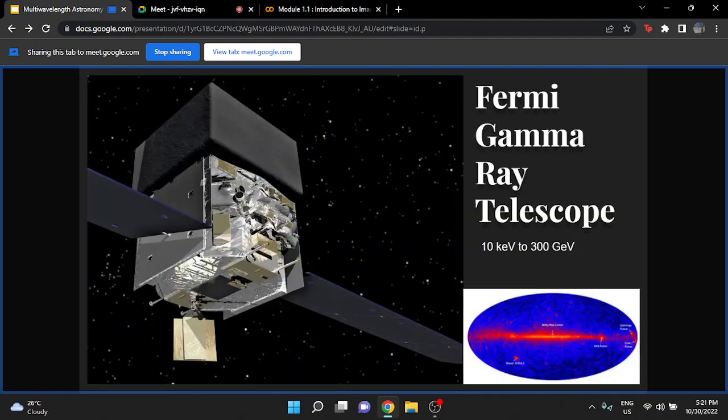The first telescope is the gamma ray telescope. It's an artistic rendition of the Fermi Gamma Ray Telescope, and on the bottom right corner you see the all sky. It's basically the 2D projection of the entire sky, and this gives us what the sky looks like in the gamma ray band.